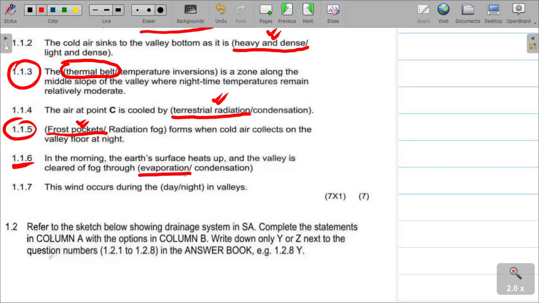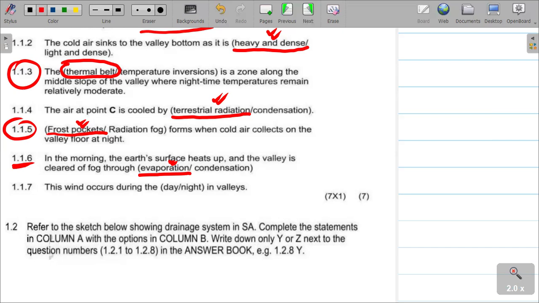When the sun starts heating, the moisture or the tiny water droplets on the surface or on trees and every other object start to evaporate, so that the surface is heating and then the fog is cleared because of evaporation. The absorption of heat as the sun rises causes evaporation to take place, and that is what heats up and then the fog is cleared.